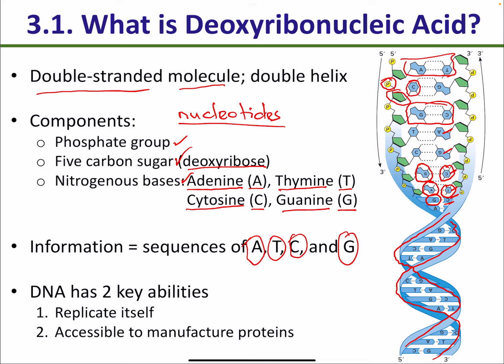For instance, when your skin cells multiply, or when your liver cells multiply, these cells are 100% genetically identical because the genome is replicated during the cell cycle.